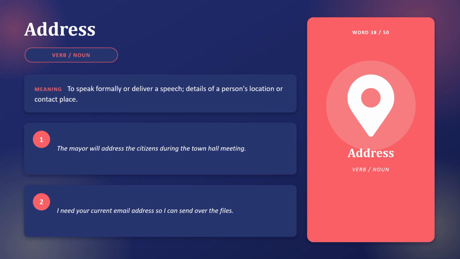First example: the mayor will address. Will is followed by the base form of a verb, so address here is a verb. The mayor will address the citizens during the town hall meeting. Number two: I need your current email address.